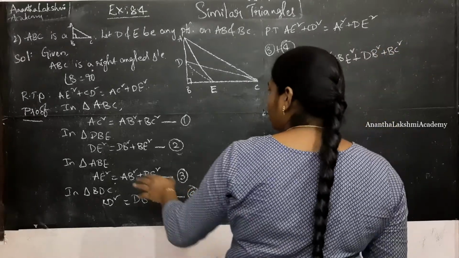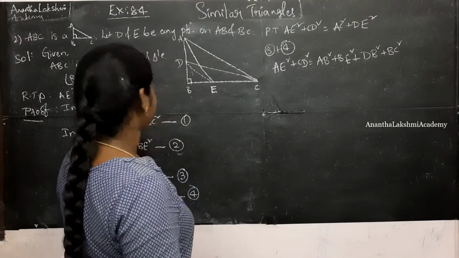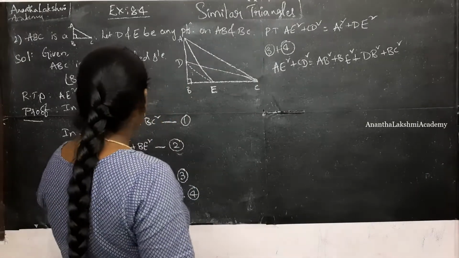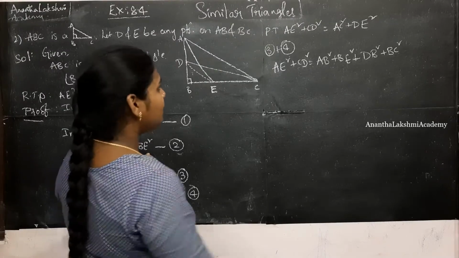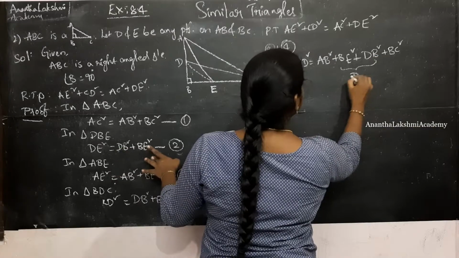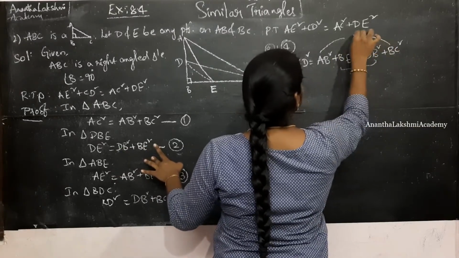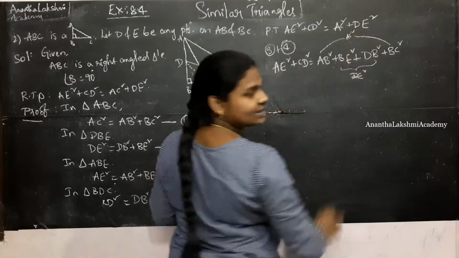Okay. Now what do we have from equation 1? AB square plus BC square is nothing but AC square. Likewise, from equation 2 we have DB square plus BE square is nothing but DE square.